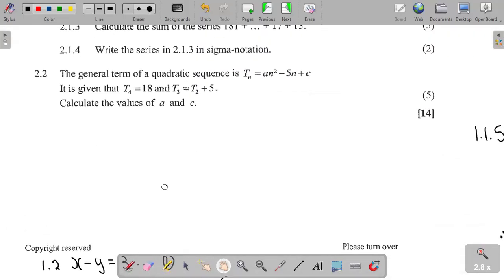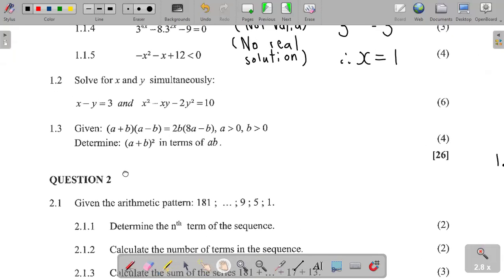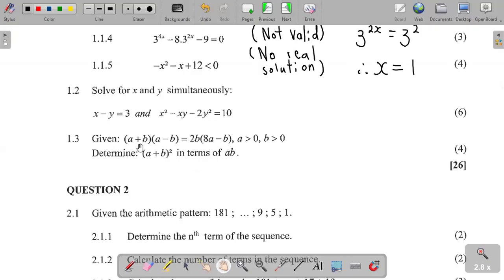Now let's move on to 1.3. So they say given a plus b times a minus b equals 2b times 8a minus b. Then they say a is greater than 0 and b is greater than 0. Determine a plus b squared in terms of ab.